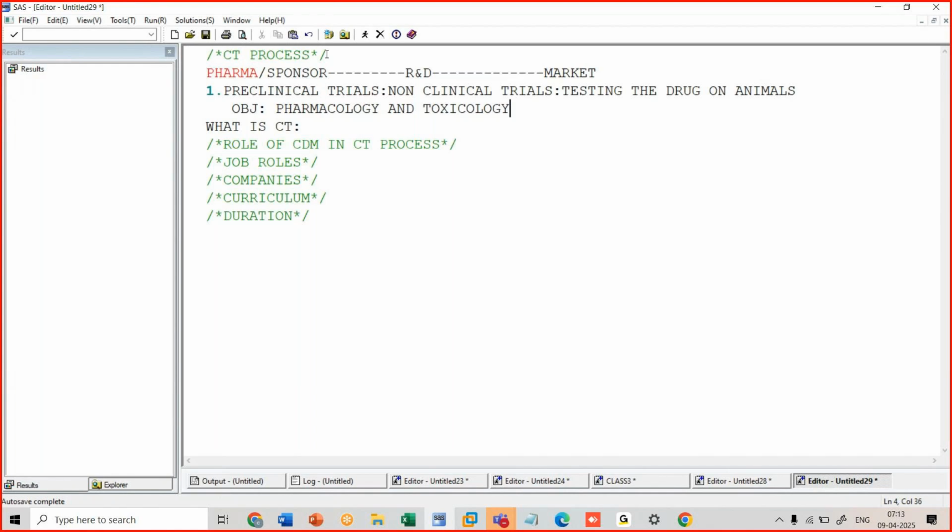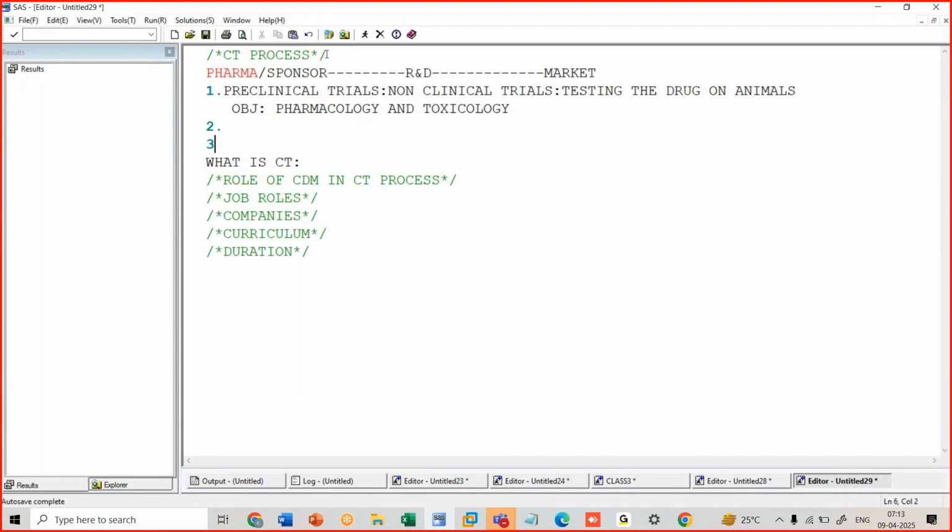After completion of this preclinical studies, before we get into clinical trial, the next step is clinical trials.